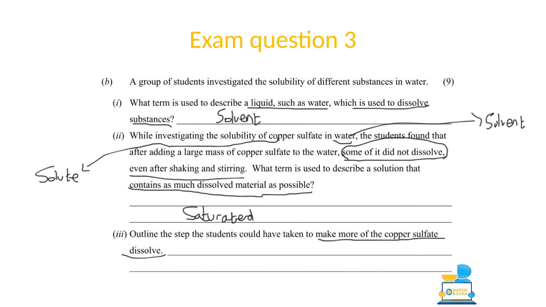So there's two things we could do. One is increase the temperature. And the second thing we could do is increase the volume of water.